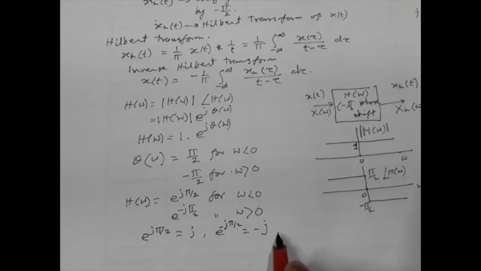Also, e to the power j pi by 2 is j, and e to the power minus j pi by 2 equal to minus j.